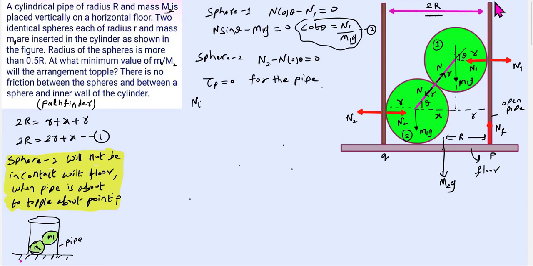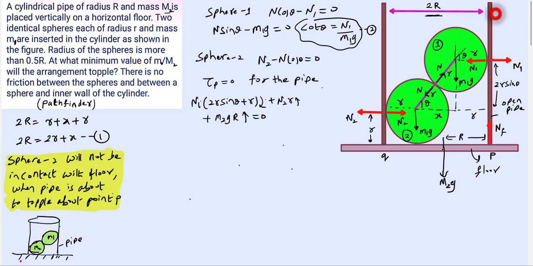This is R. So this length will be equal to 2R sine theta, and this length is equal to R. So N1 into 2R sine theta plus R, clockwise, plus N2 into R, plus the weight M2G into this, will be anti-clockwise, equal to zero.